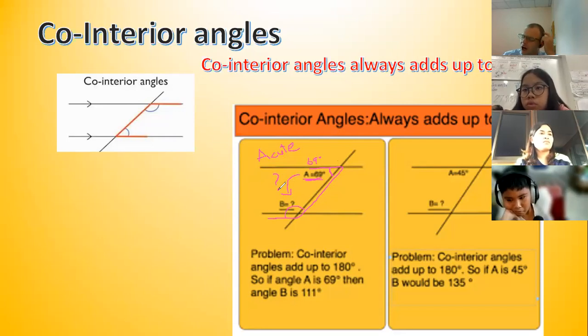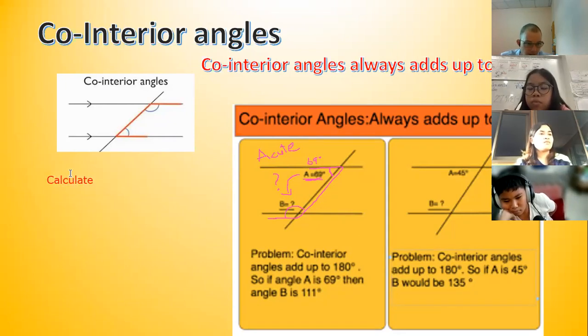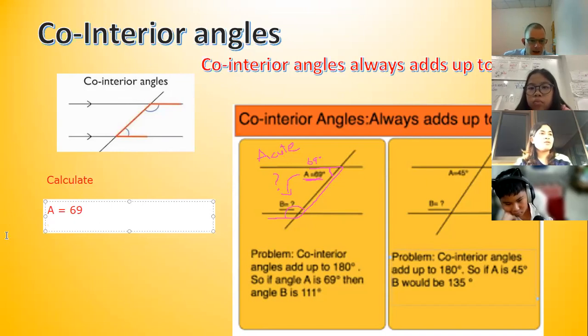Now we know. Okay. Co-interior always 180. So now you see, okay, it is co-interior. Now we calculate. Angle A equals 69 degrees. We want to calculate angle B. We don't know. But they are co-interior.